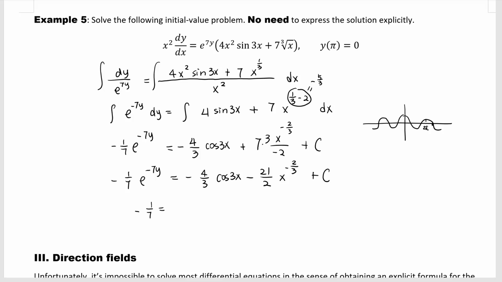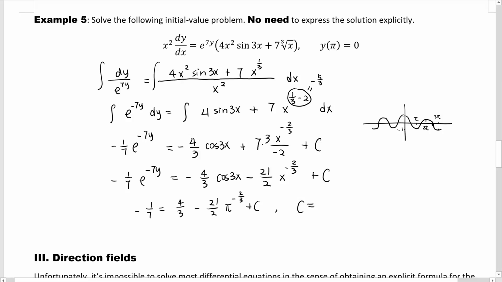So where's 3 pi? So this is pi, 3 pi is then here, at minus 1. So minus 1 times negative becomes positive. And then next, negative 21 over 2 pi to the negative 2 over 3 plus c.